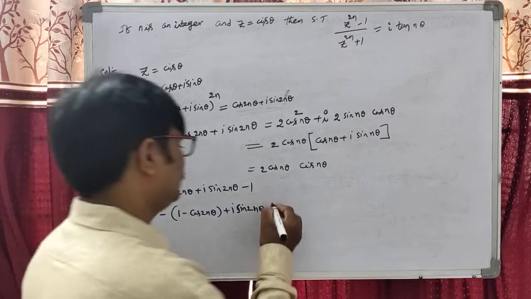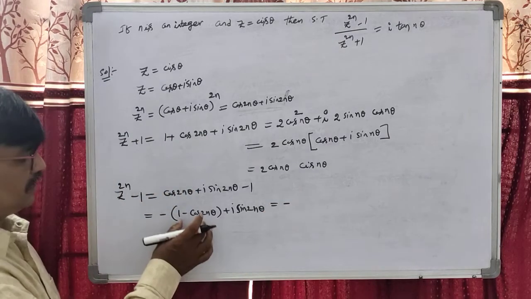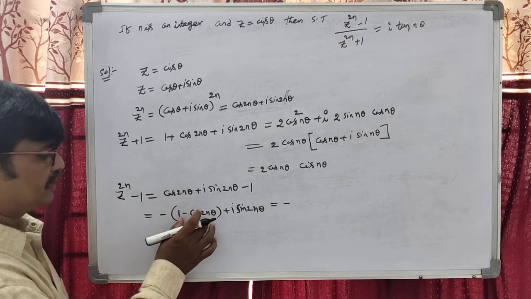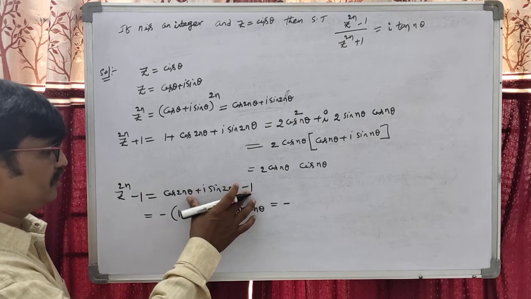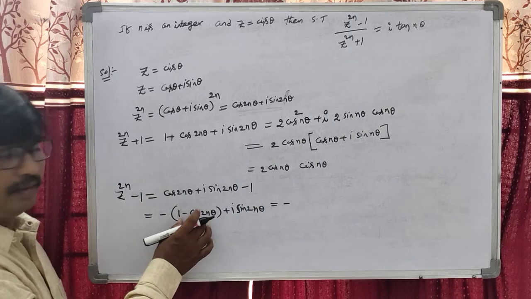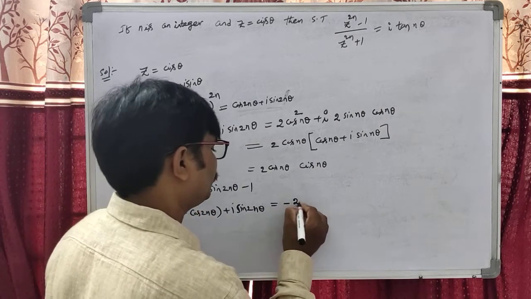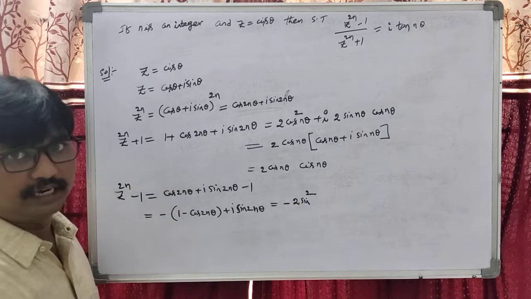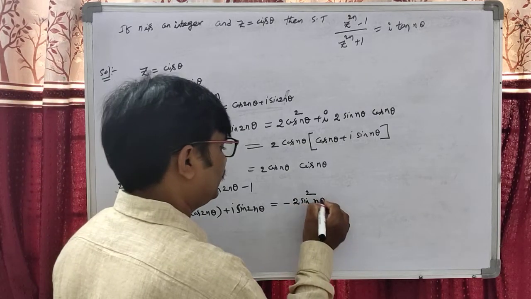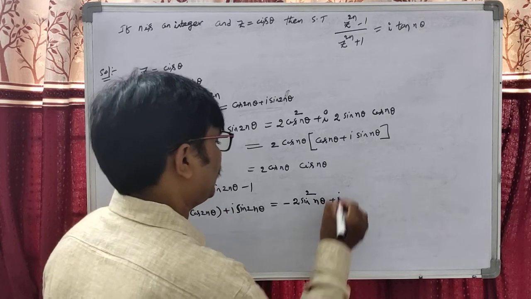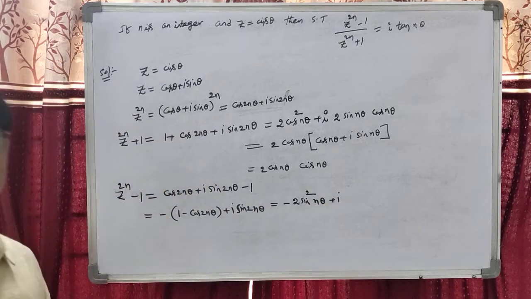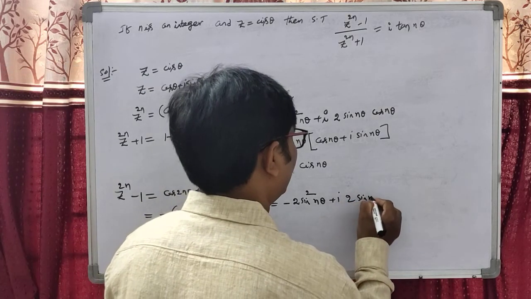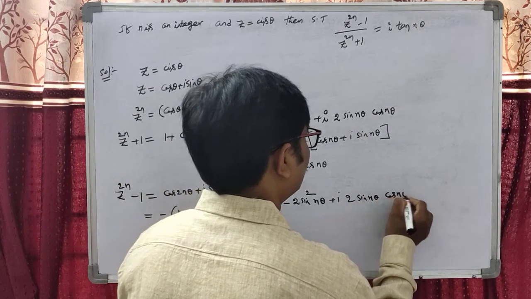So my dear student, this is 1 minus cos theta. We have to take the minus term in the first and last terms. 1 minus cos theta is 2 sin square of 2n theta by 2, that is n theta. After that, students, i into sin 2a is of the form 2 sin a cos a, that is 2 sin n theta cos of n theta.